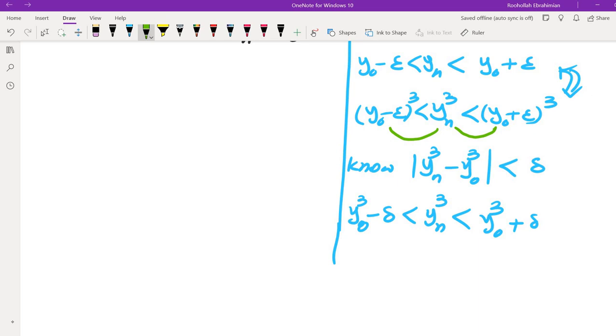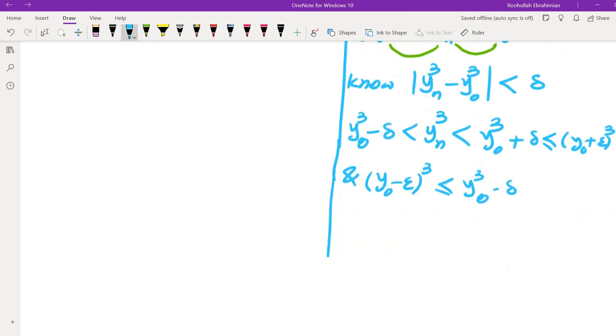So in other words, what I would like to do is make sure y0 cubed plus delta is less than or equal to y0 plus epsilon cubed, and y0 minus epsilon cubed is less than or equal to y0 cubed minus delta. If I make sure both of these two are valid, then I would be able to solve the problem. The first one gives me delta is less than or equal to y0 plus epsilon cubed minus y0 cubed.